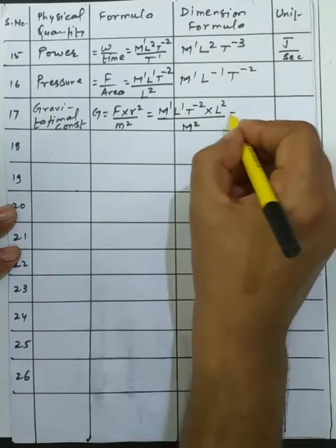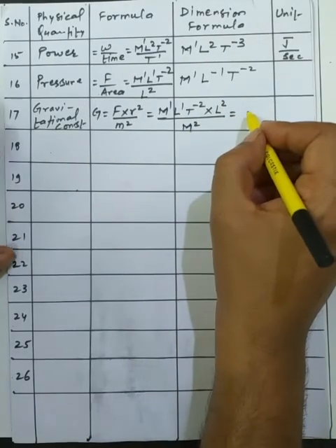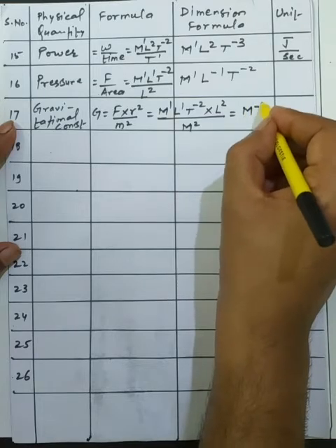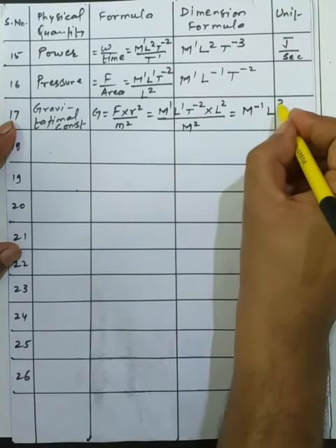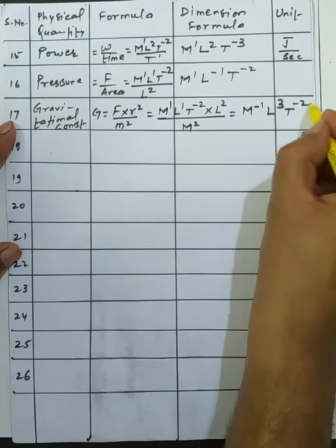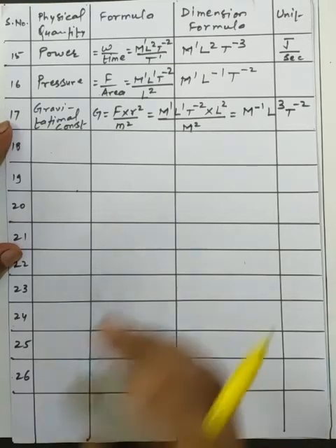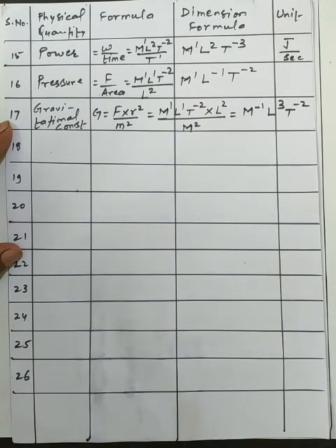And finally we are solving it. So we are getting M minus 1 L3 and T minus 2. So it's the general formula of the gravitational constant, M minus 1 L3 and T minus 2. So this is another dimension formula.